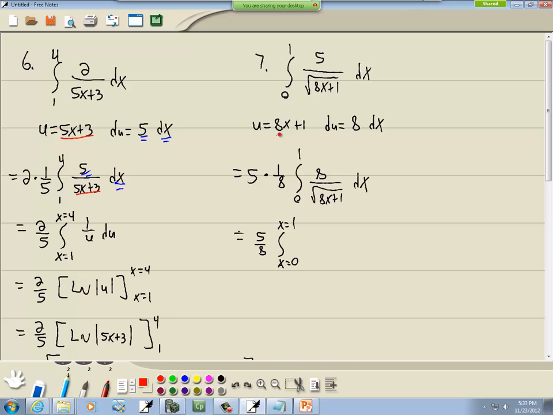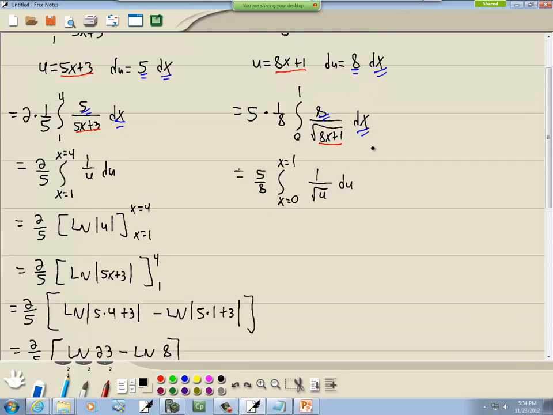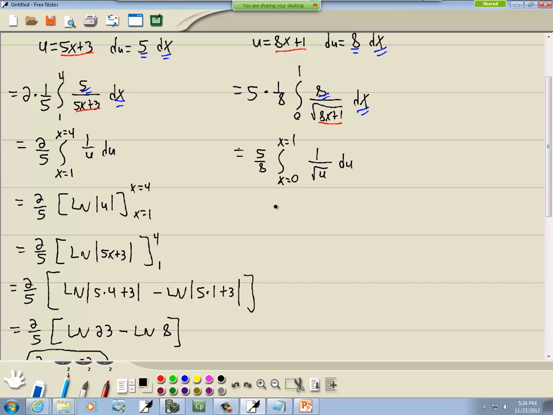And the 8x plus 1 here gets replaced with u. The 8 dx gets replaced with du. So this becomes 1 over the square root of u du. Which gives us 5/8, x equals 0, x equals 1.